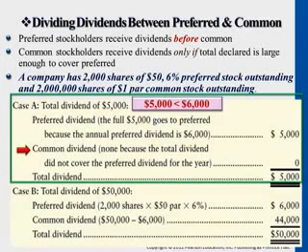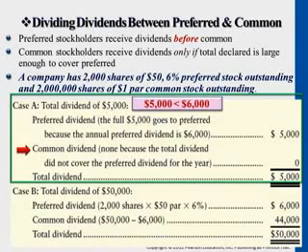Remember that dividends are calculated based on percentages of face value. If we look at this example, it tells you a company has 2,000 shares of $50 preferred stock. Face value is 50. Altogether, they issued 2,000 shares. The dividend rate is 6%.